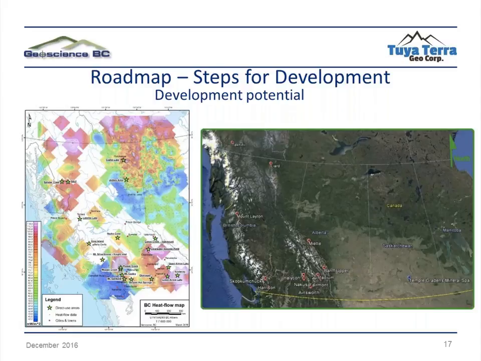This is showing the location of the commercially exploited hot springs that we've just gone through. So you can see that for the most part, most hot springs in BC are in the southeast corner. We've got a couple of examples in the Lower Mainland, Harrison Hot Springs, and a few through the corridor between Harrison Hot Springs and Pemberton.